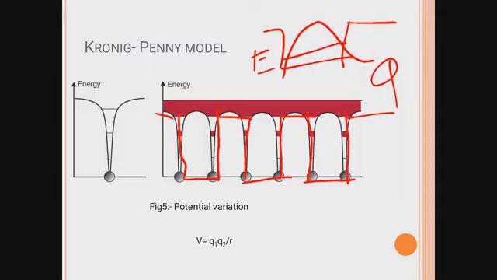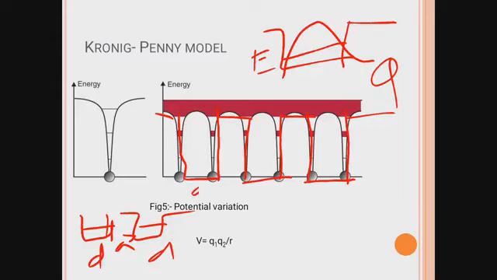Now suppose I have taken two potential wells. What will happen? This is the energy level E, and this one has the same energy level E inside this well. The interatomic spacing is A and the width of the well is D. D is the width of the well and A is the interatomic spacing.